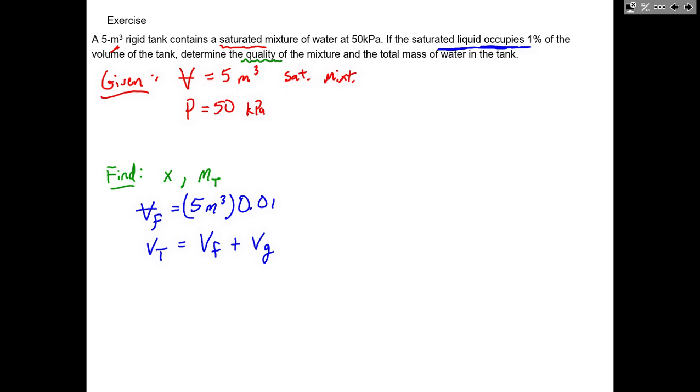We're going to start going to town here and trying to find our totals and our gas. Okay, let's see if we can figure this out. So I'm going to rewrite this. I'm going to look at this VG. I'm going to say V total, so my volume, minus my fluid.